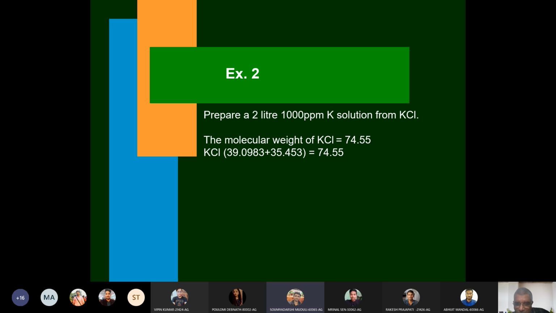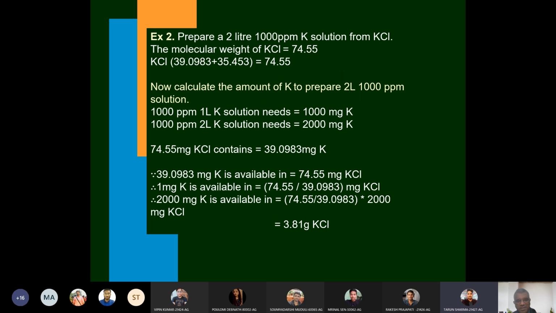Yeah, 3.82 gram. 3.8235. Good. So 3.82. Okay. So many are saying this, that means it should be correct. 3.812. Okay. So some differences may be there.